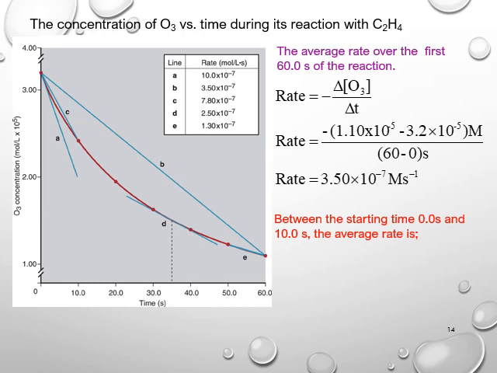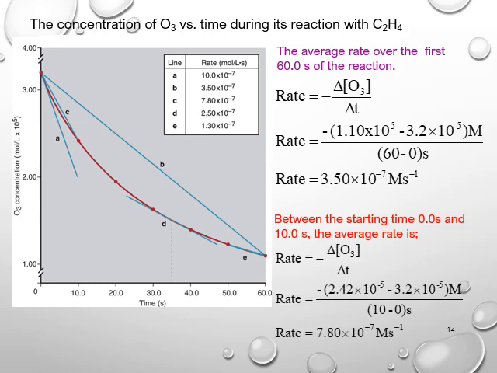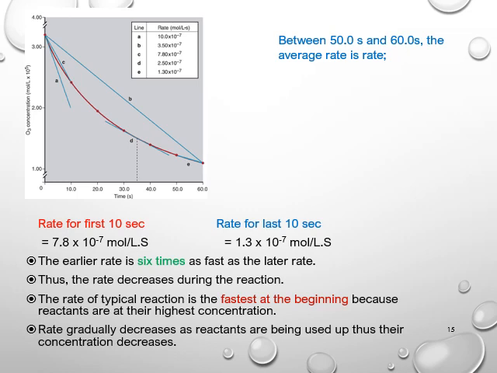Let's see the corresponding lines A, B, C, D and E for the calculation of average rate and also instantaneous rate. Let's say you want to calculate the average rate between 50 and 60 seconds. Line E will correspond to this calculation.